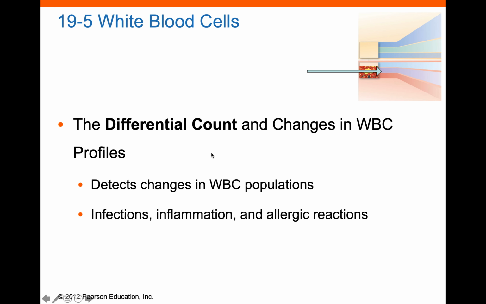This is important. A lot of medical diagnosis today is based on the difference in the amounts of these cells present. Because if the number goes up or is below the threshold, it indicates a disease condition. It could indicate inflammation, infection, or allergic response in the body.